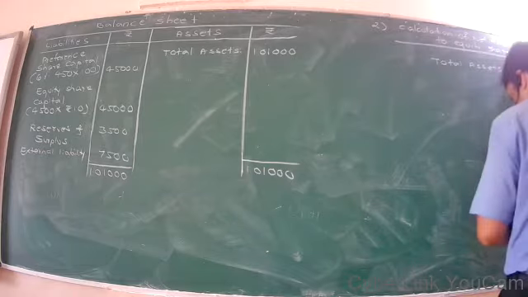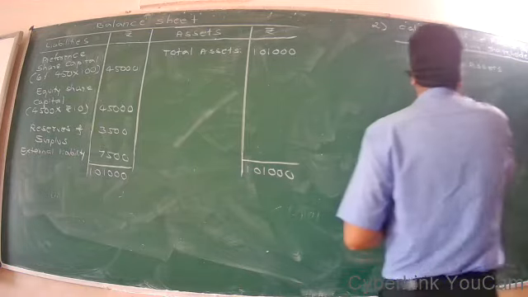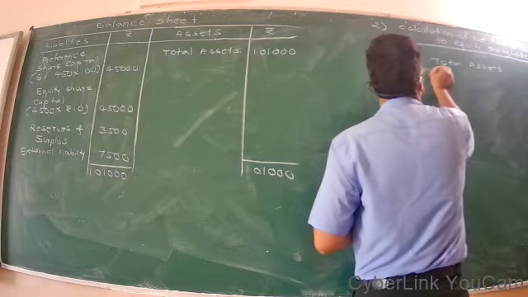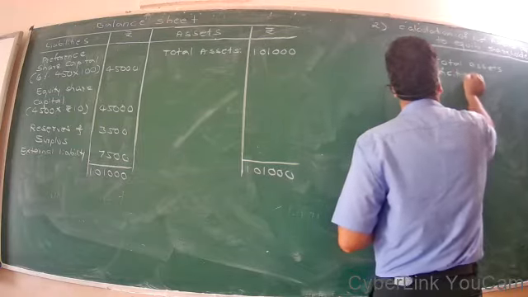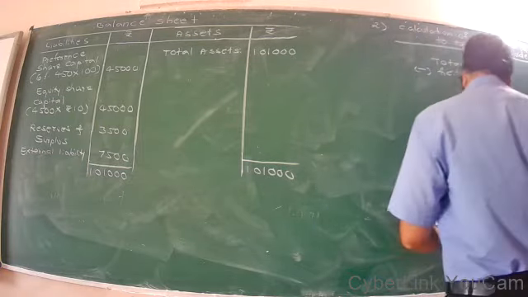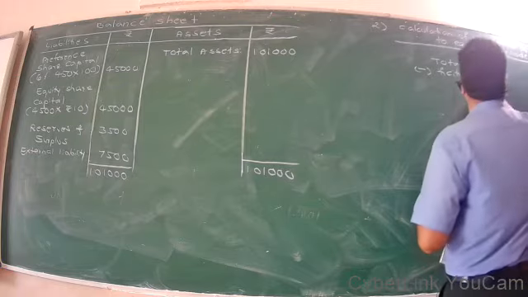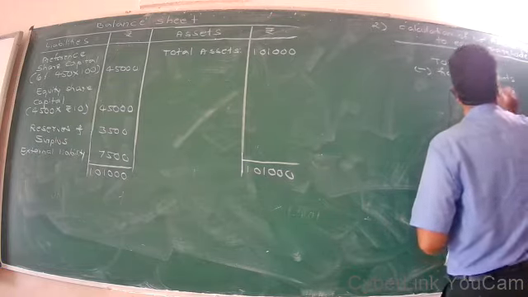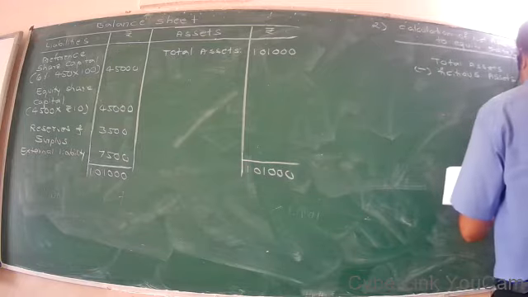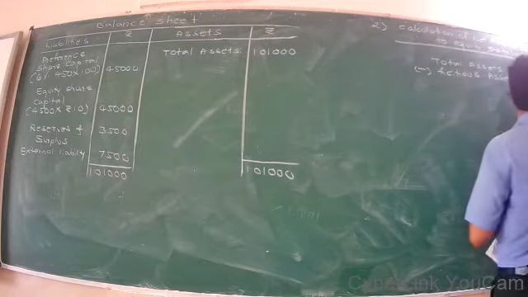1 lakh 1,000 minus fictitious assets 350.